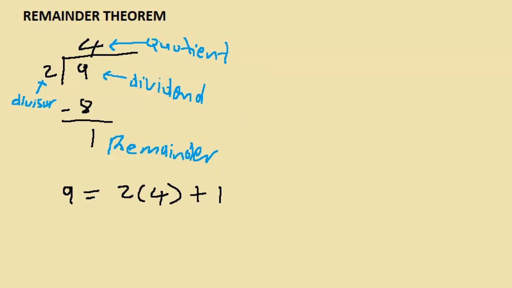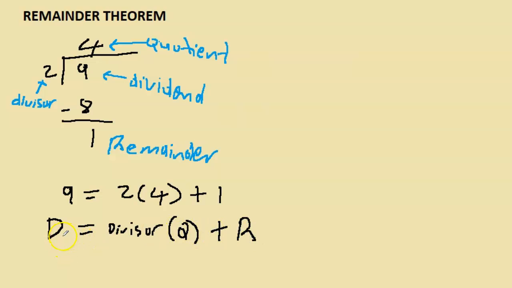Alright? So, let me get a little bit more abstract now. So 9, that's the dividend. Dividend is equal to the divisor times the quotient plus the remainder.